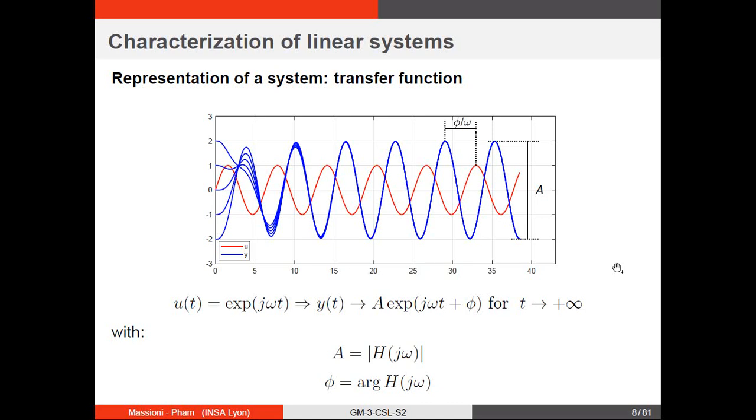If you have a sinusoidal input of a certain amplitude at the angular frequency omega, the output y will be a sinusoidal output with the same omega, amplified by a factor a, which is the modulus of h of j omega, and with a phase shift given by the argument of h of j omega.